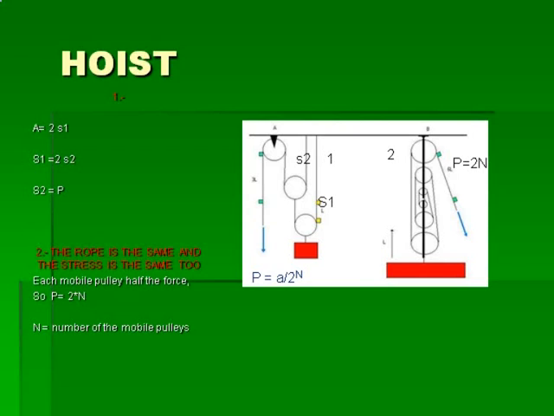And these different kinds of hoists have great importance, because they help us to lift a very big load, and we have to do just less force.